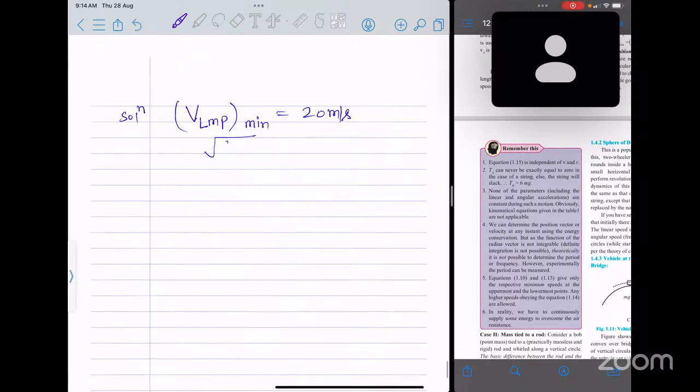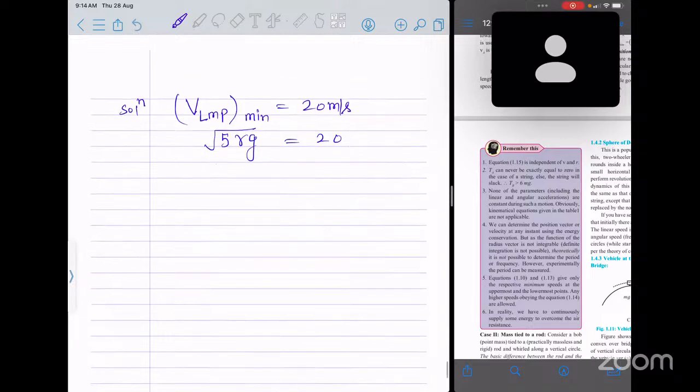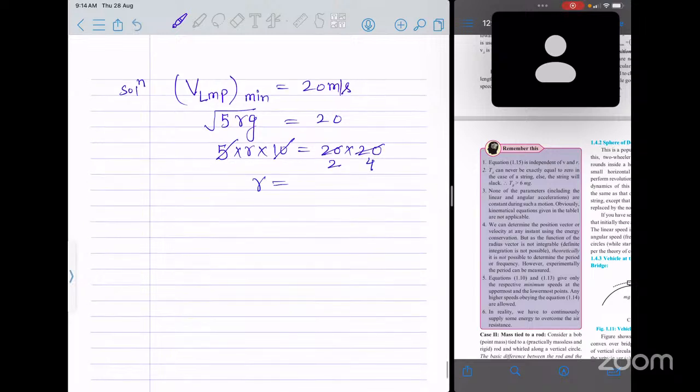So square root 5 rg equals 20. Squaring both sides, 5 into R into g equals 20 into 20. So required radius will be 2 into 4, 8, and unit will be meter.